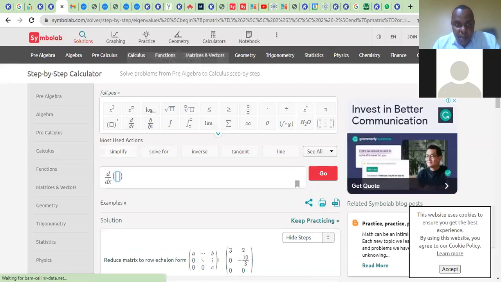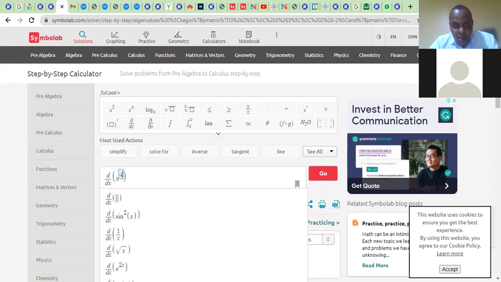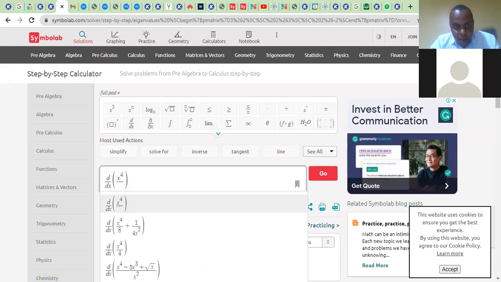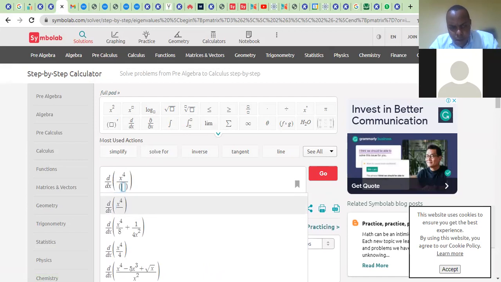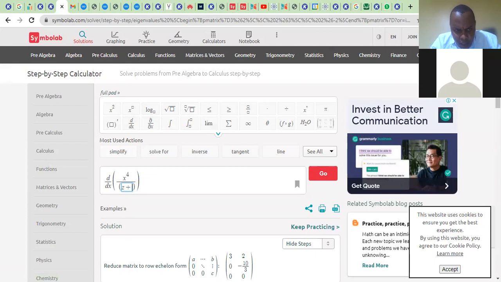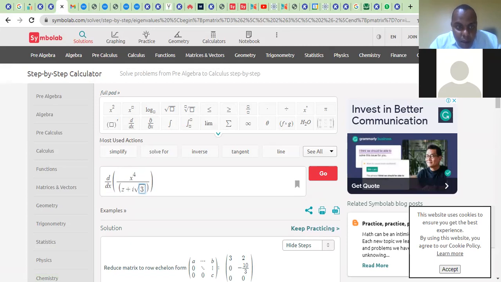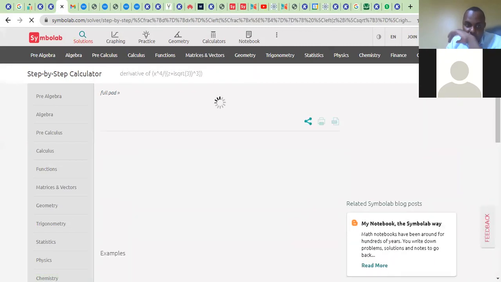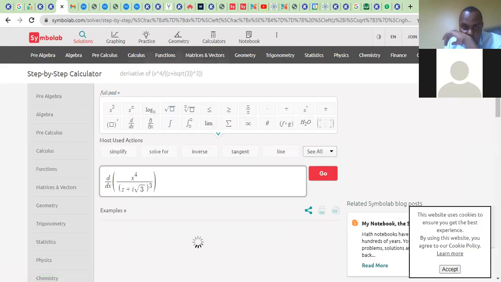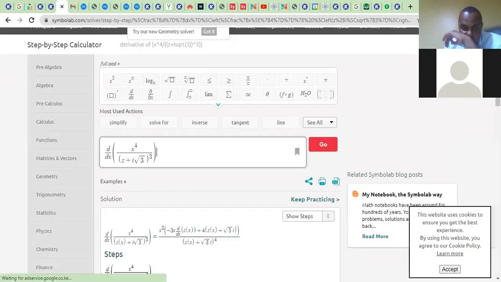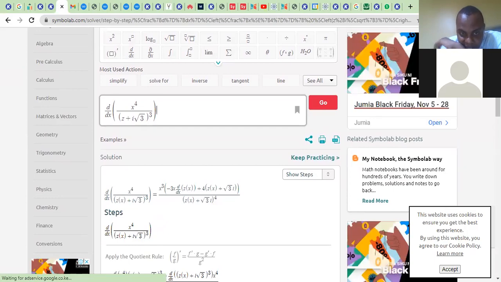Let me just confirm it with this one. It was z to the 4 over (z plus i square root 3) to the power 3.